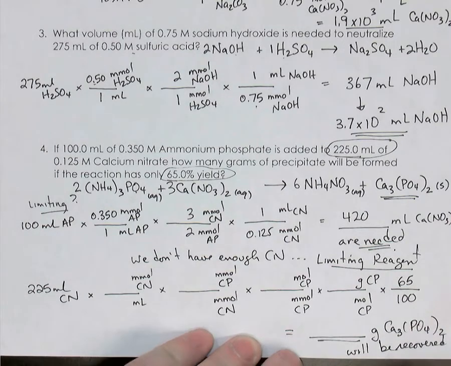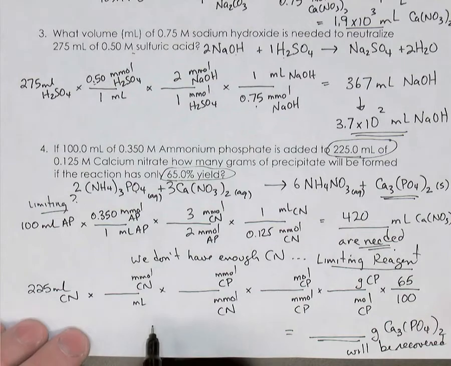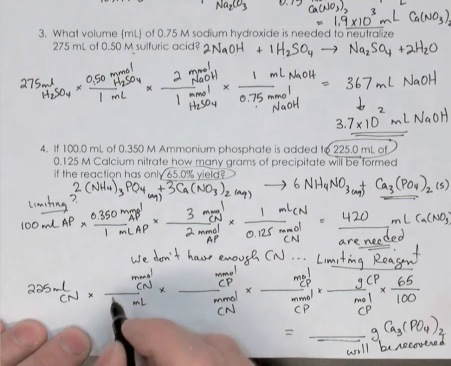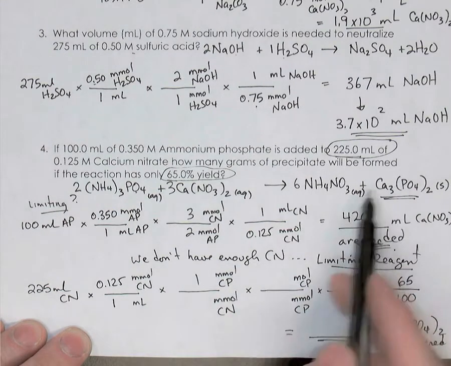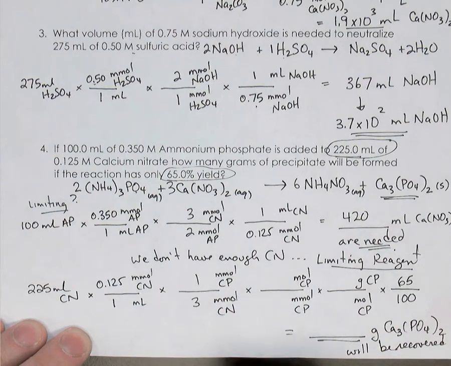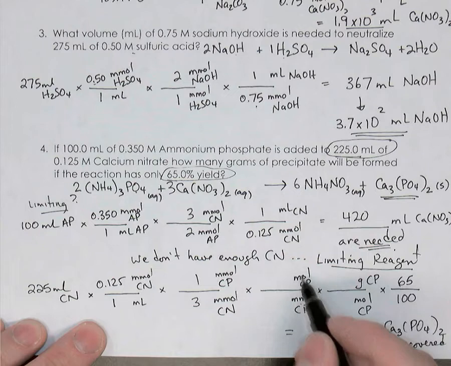So now we can use the concentration of the calcium nitrate, which was 0.125 millimoles per milliliter, 0.125 molarity. From the balanced equation, we can see that there's 1 mole of calcium phosphate for every 3 moles of the calcium nitrate. And then to switch millimoles to moles is just like switching milliliters to liters.